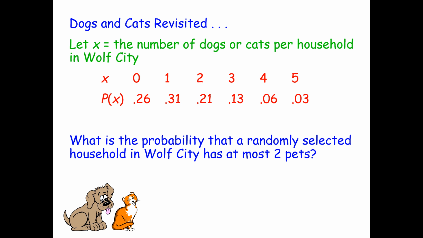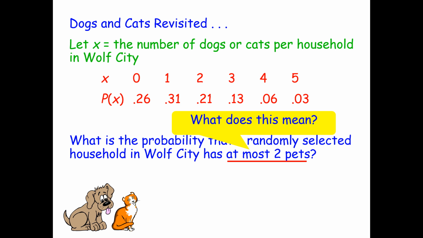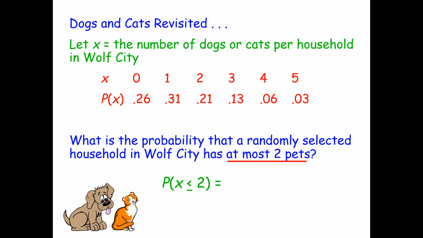Let's go back to our dogs and our cats in Wolf City. So again, remember that x is the number of dogs or cats per household in Wolf City. So the question is, what is the probability that a randomly selected household in Wolf City has at most 2 pets? Well, let's take a look at that. What does this mean, at most 2 pets?